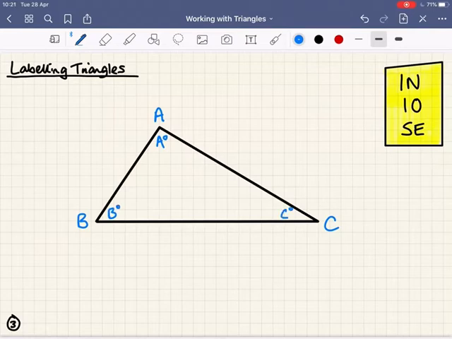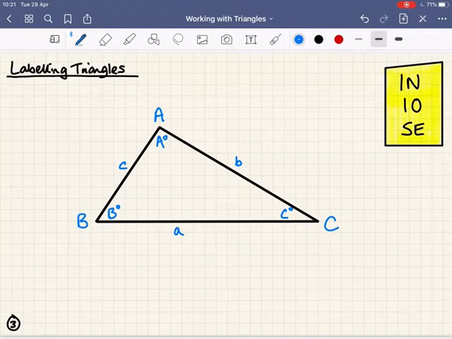And then we denote the opposite side with lowercase a, lowercase b, and lowercase c, because the angle and its opposite side are related to each other. Those are the ones that share a special relationship in terms of their ratios. So we'll always label a triangle in that way.